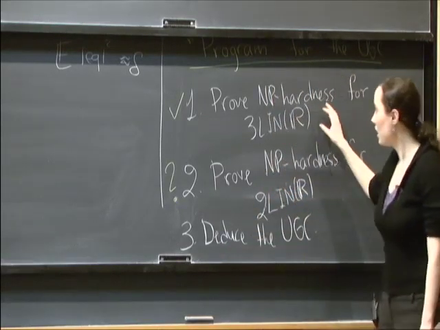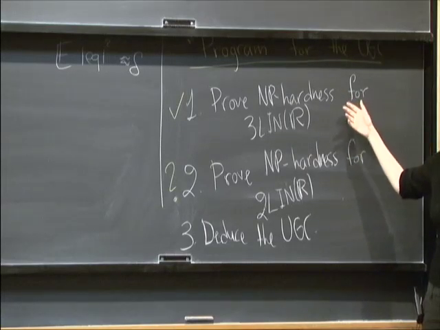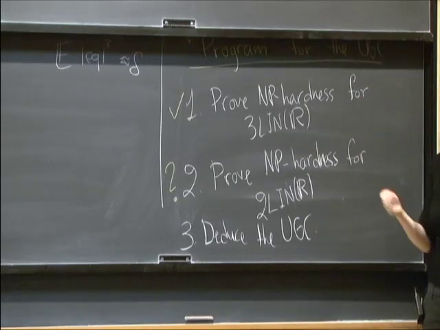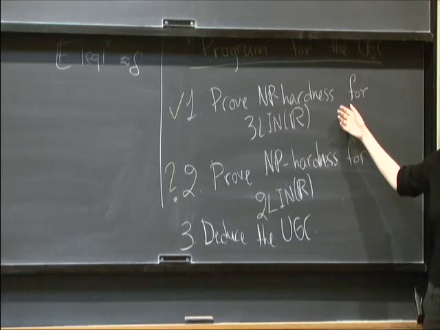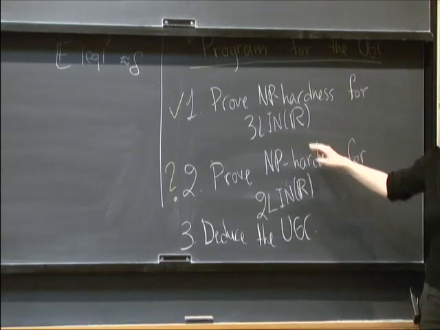I do want to remark that the NP hardness result incurs a blow-up in the size. The blow-up in the size is an exponent which is polynomial in 1 over delta, where delta is the completeness. So there might be a sub-exponential algorithm already for 3-lin over the reals.